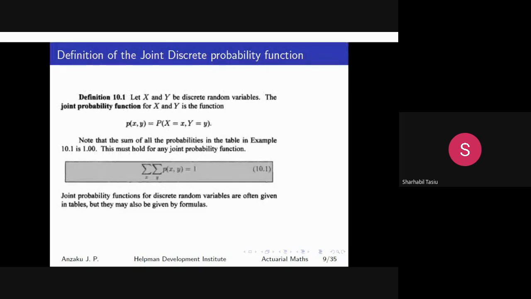Now, what is the definition of the joint discrete probability function? Don't forget, we are dealing with the discrete probability function. Definition: let X and Y be discrete random variables.